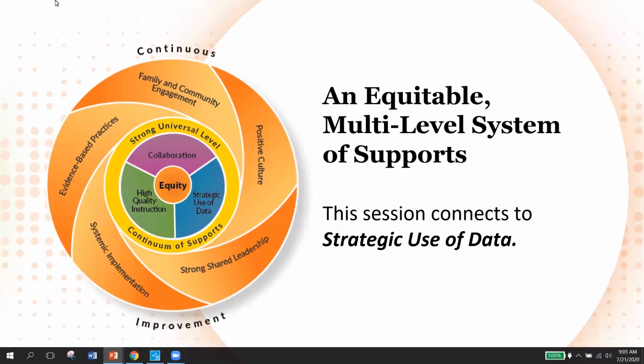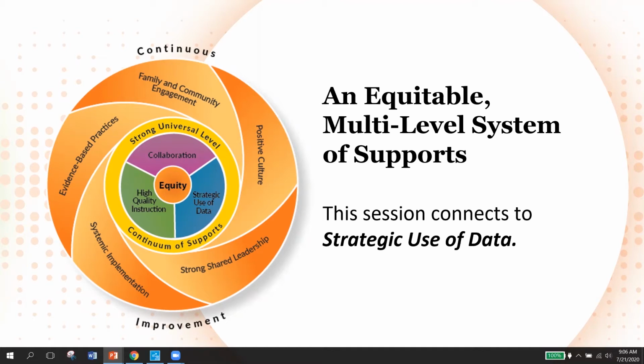This graphic represents the Equitable Multi-Level System of Supports framework that was developed by the Wisconsin RTI Center in conjunction with the DPI. It consists of 11 key system features that help schools and districts create enduring, efficient systems for all students academically, behaviorally, socially, and emotionally.